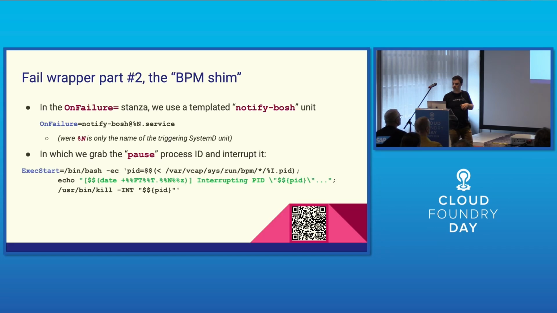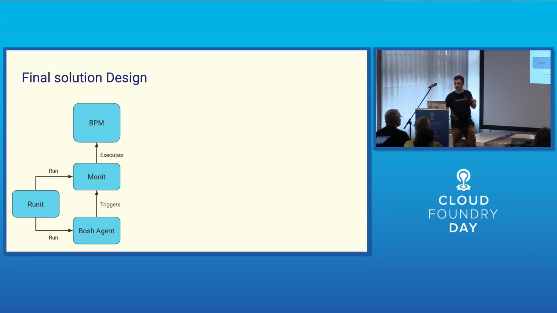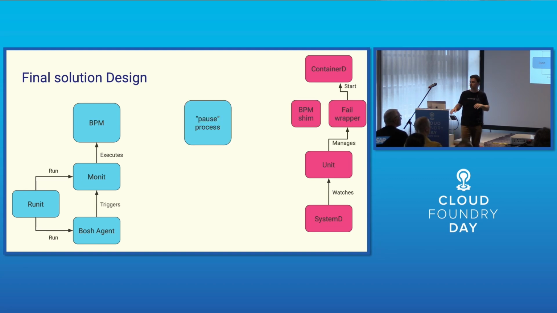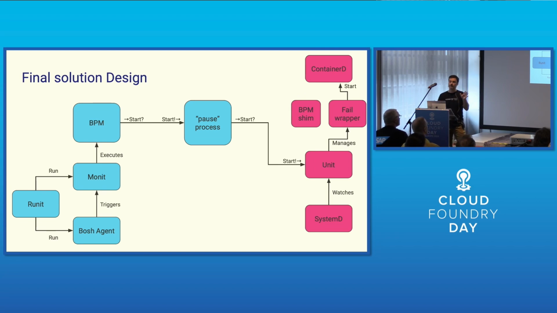So yeah, the final solution design is you have the BPM part there, you have the containerd part, and there is a new pause process in between, and the fail wrapper and BPM shim. What happens? Whenever it starts on the way forward, BPM starts the pause process that starts the unit file, and whenever BPM stops, it tells the pause process to stop and it stops the unit file.